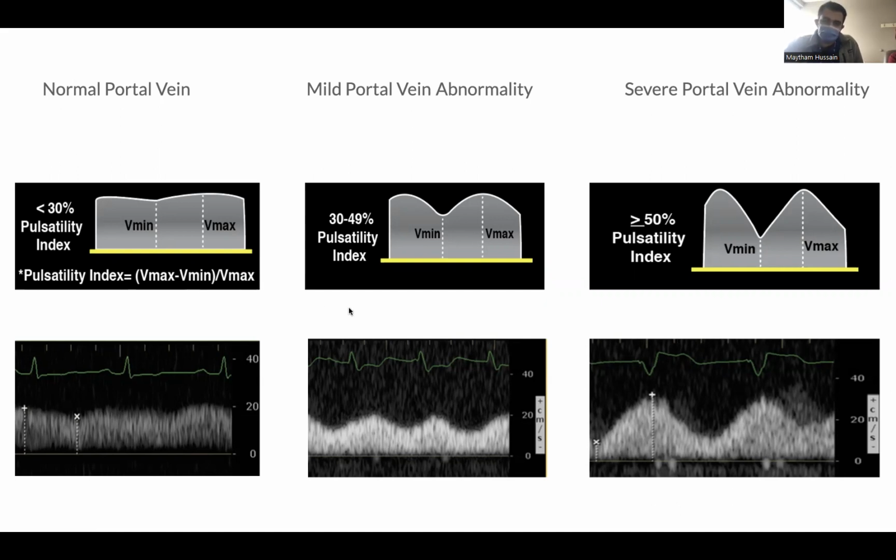If there is mild congestion of the portal vein, you'll get anywhere between 30 and 50%. And if there is severe congestion, the difference between the Vmax and the Vmin is more than 50%. In some cases, you can also get a deflection below the baseline if it's severe to that point. And again, it's always useful to have the ECG on top here, and you can trace these waveforms in accordance with the patient's rhythm.